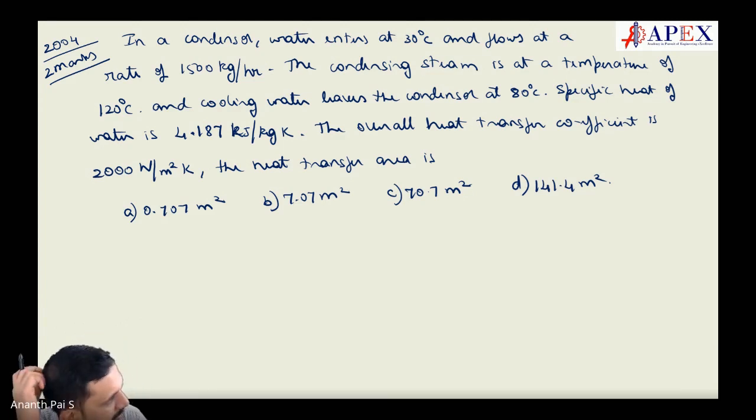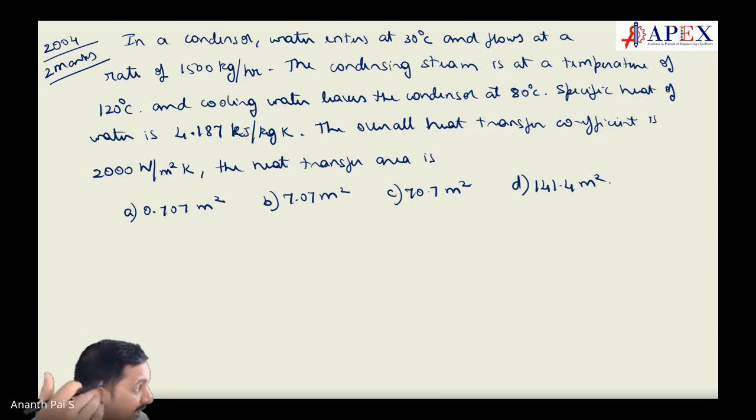Kirtan. Pressure is less or high? Why high? Or low? Whenever the pressure is high or low, we know. At atmospheric pressure, it condenses at 100 degrees centigrade.